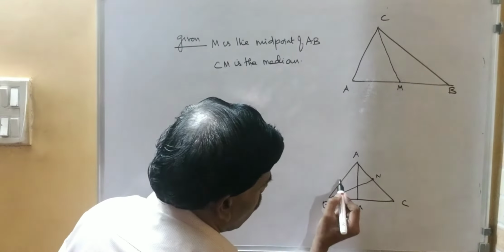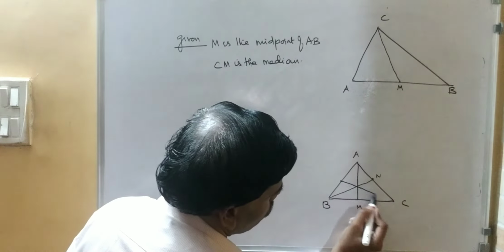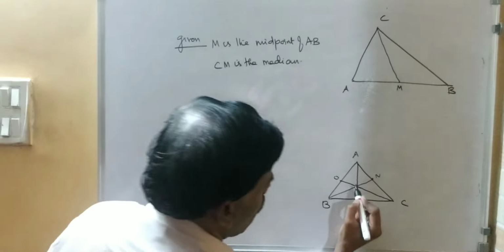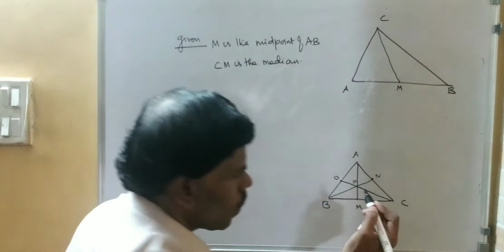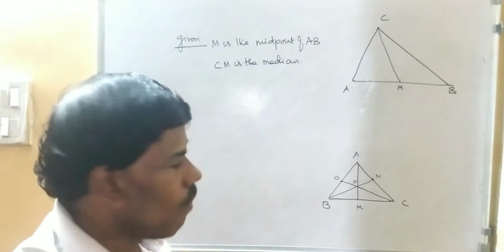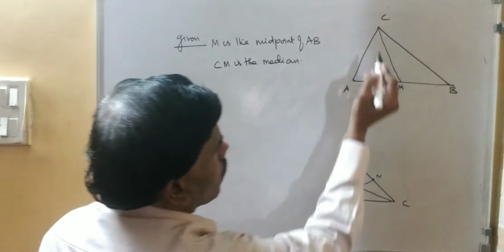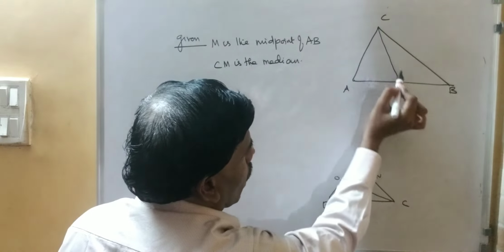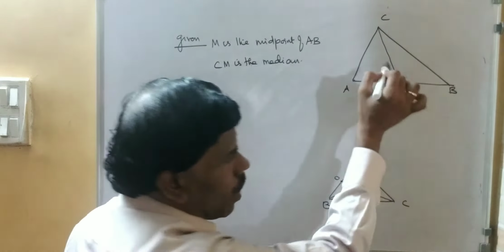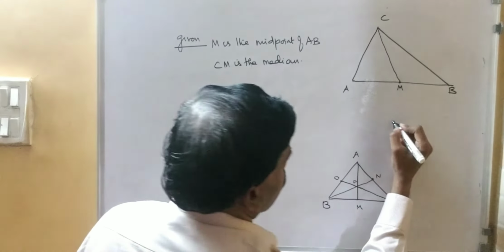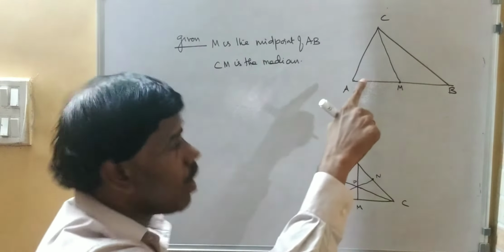You take the midpoint of AB. This is called median. So, every triangle will have 3 medians. That means a line drawn from the vertex to the midpoint of the opposite side is called a median. Understand or not?